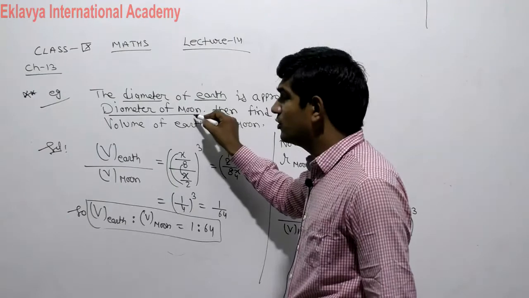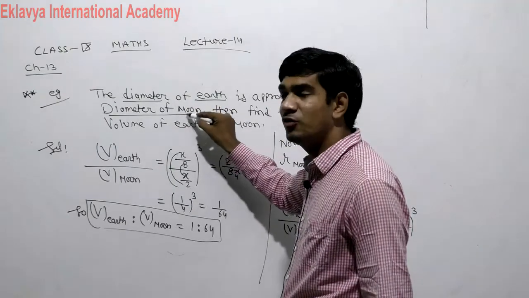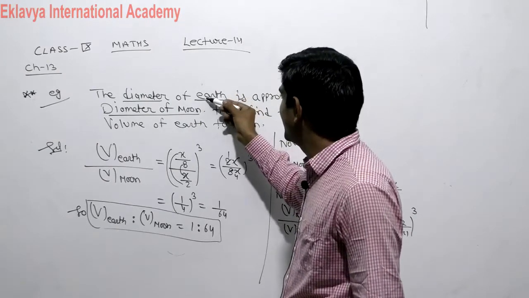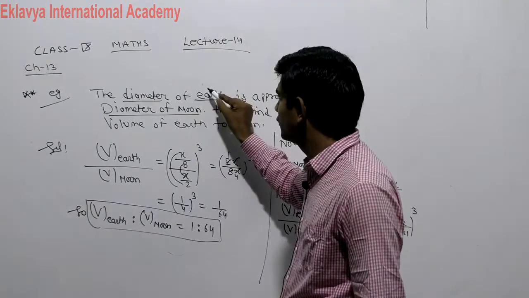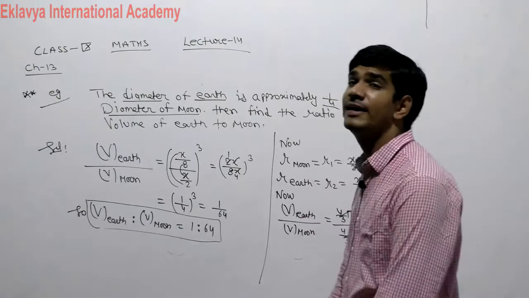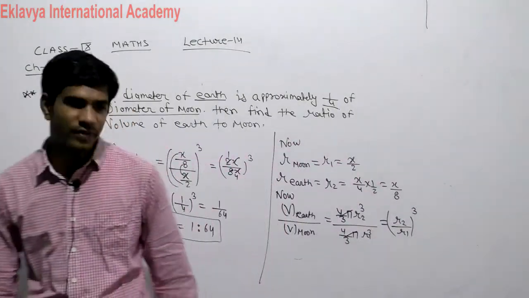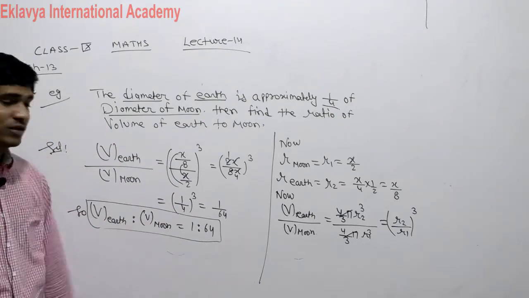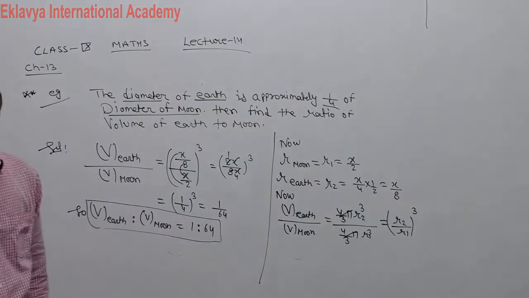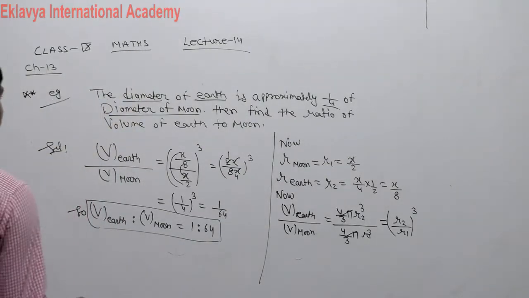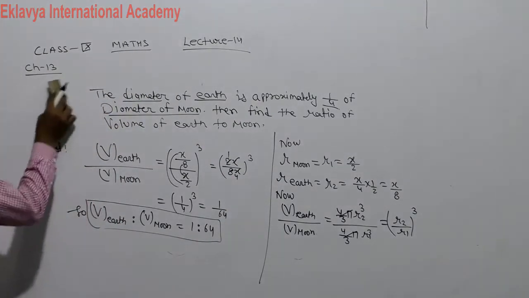So you considered the moon's diameter as x. So what is the radius of the moon? x by 2. Then the diameter of earth is x by 4, so what is the radius of the earth? x by 8. Now find the ratio of the volume of earth to the volume of the moon. Understand? So that is all about the question which is based on the sphere.